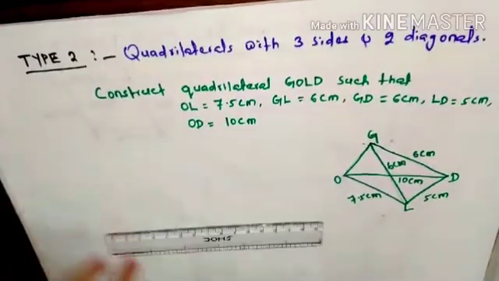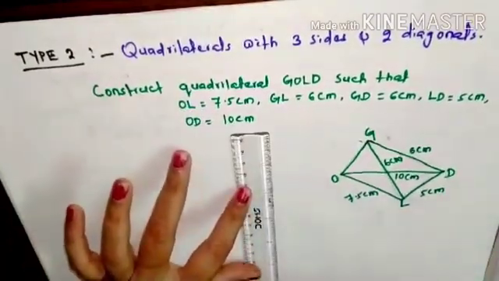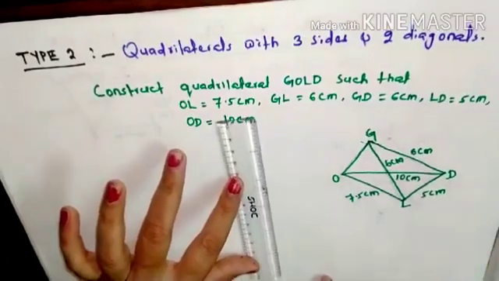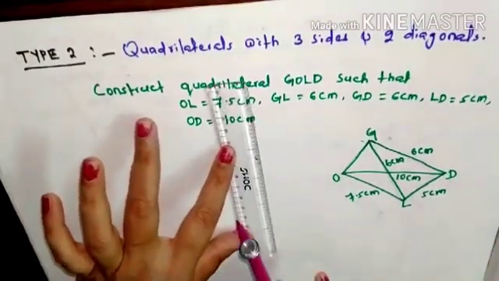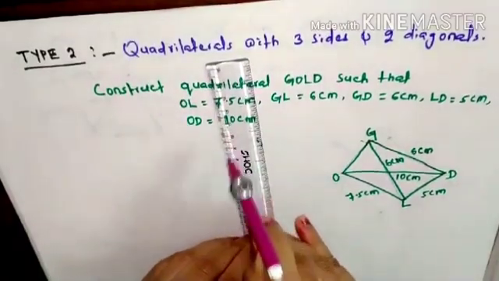So first I will draw a line segment of length, as you know, OD is equal to 10 cm, means you have to take 10 cm of line segment.